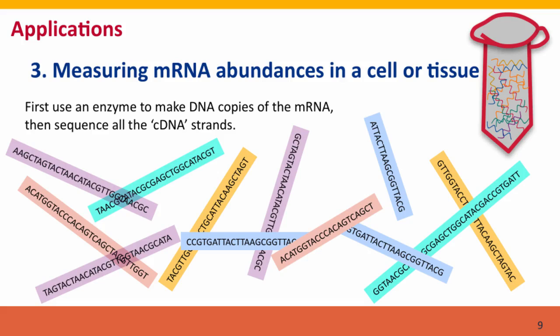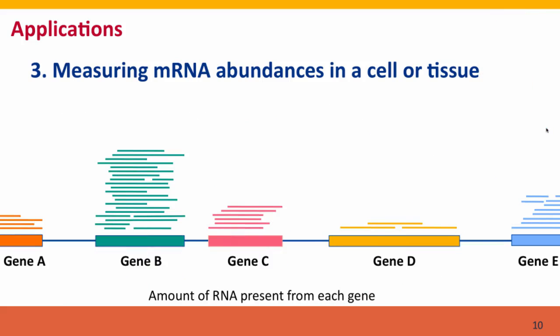We still don't have a way to sequence RNA, but we do have a very easy way to use an enzyme to make DNA copies of the RNA, and then we use our very efficient DNA sequencing method to sequence all of the complementary DNA, as it's called, in the sample, which gives us a measure of the sequences of the RNAs in the original sample.